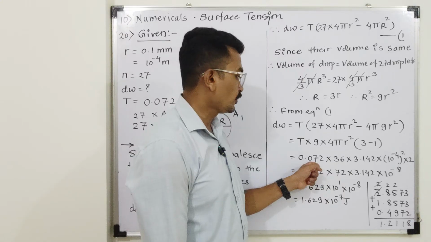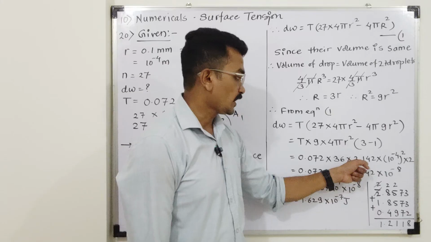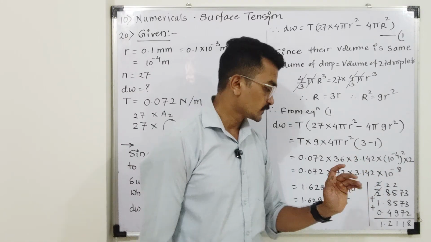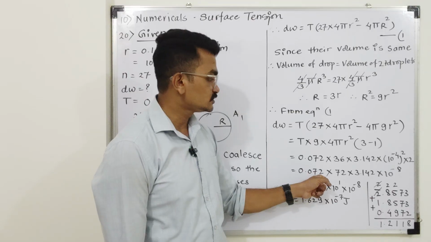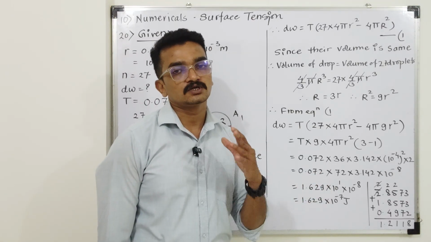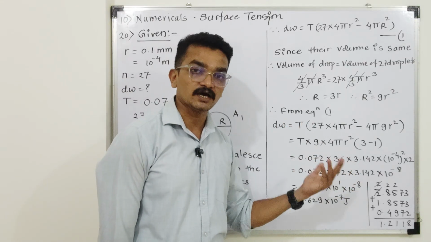So now 0.072, 36 into 2 is 72, and 3.142 is as it is, and 10 to the power minus 4 square is 10 to the power minus 8. Now the log of 0.072. In antilog I always say the characteristic is the power of 10 for the answer, right?